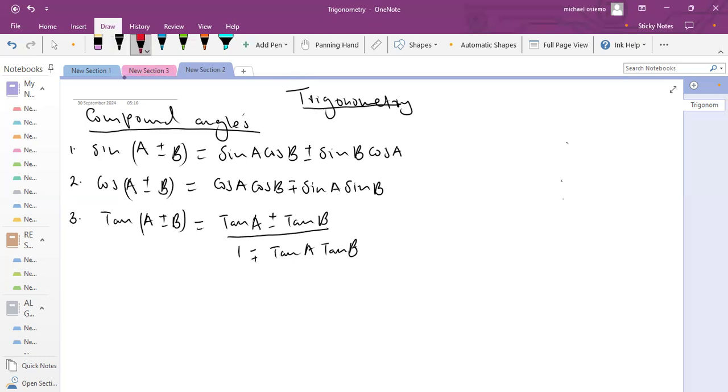Our example is: sine alpha is equal to 5/13, and sine beta is equal to 40/41.